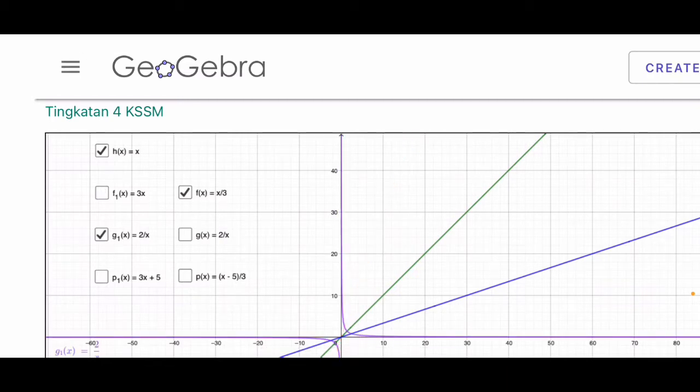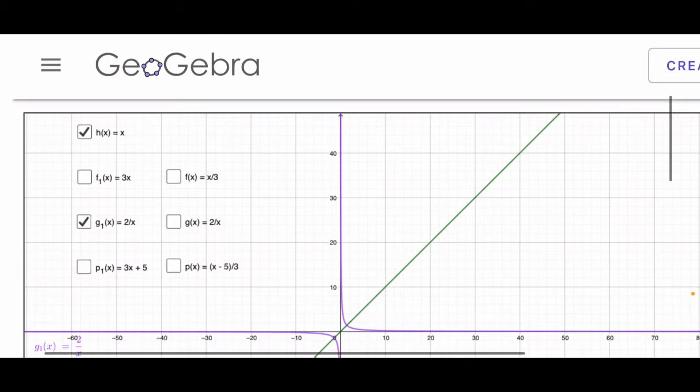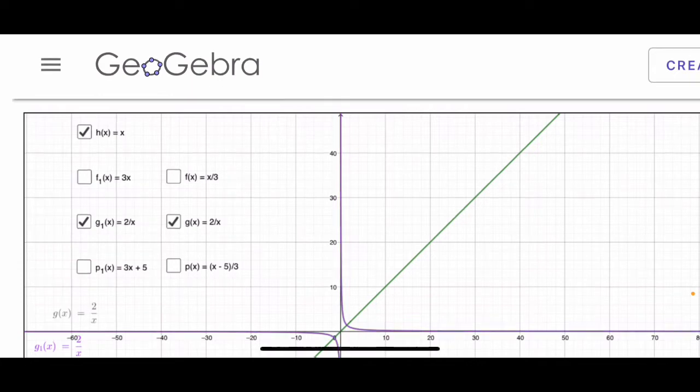Then we try g. I take out this one. You can have a look at g1(x), which is 2x, in purple color, and it is symmetrical. How about this one? They are also symmetrical. It seems like 2 over x and its inverse is also 2 over x. Then I take out these two and try another one.